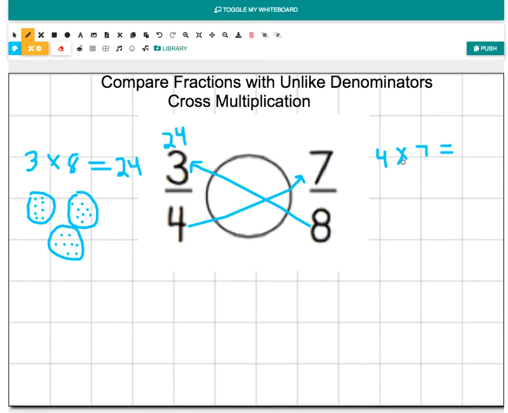And then on this side, it's going to be 4 times 7. So if you don't know, you could do 4 groups of 7. If you already know it, you can automatically put it up there. The more you practice multiplication, the more you'll be fluent in them.